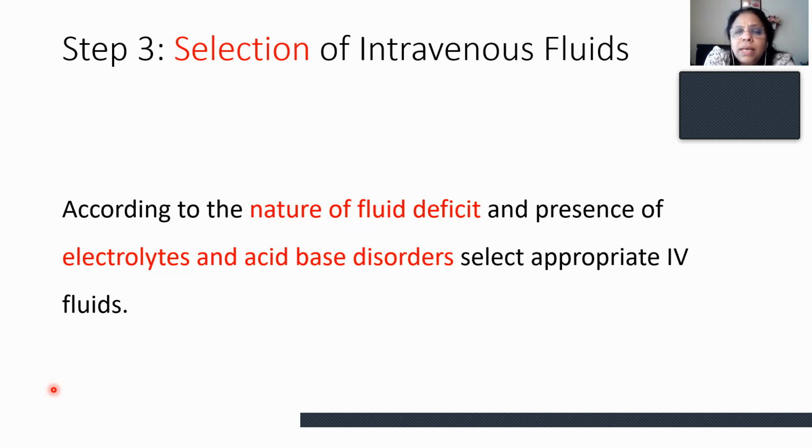So then why did I say N/2 is for pediatrics? Say a small child's sodium requirement is 3 or 4 millimoles per kilogram. But when we calculate his fluid requirement, if you give it with normal saline, we cannot handle that, right?